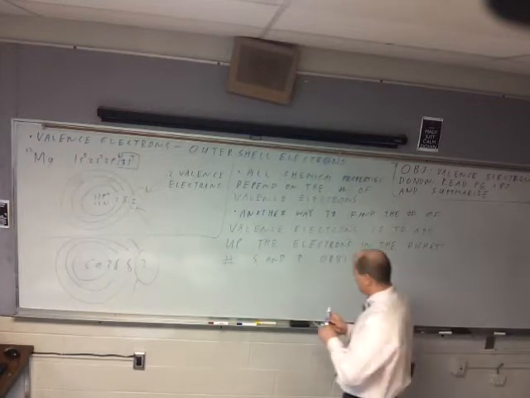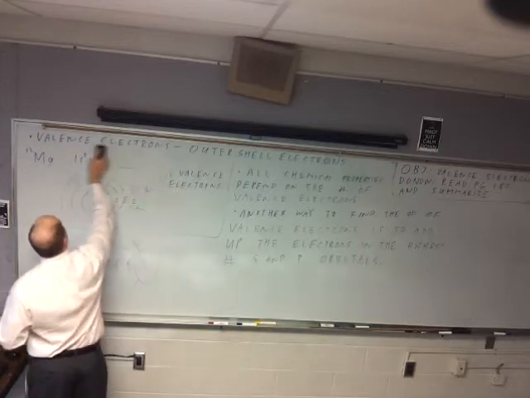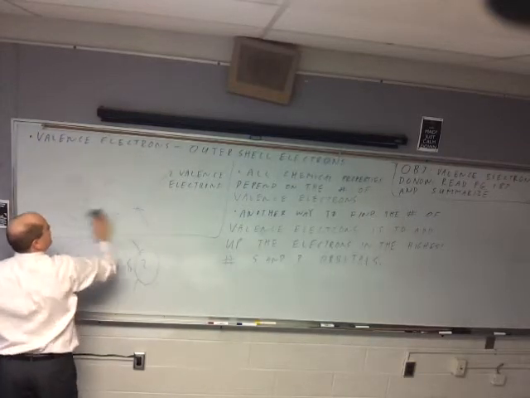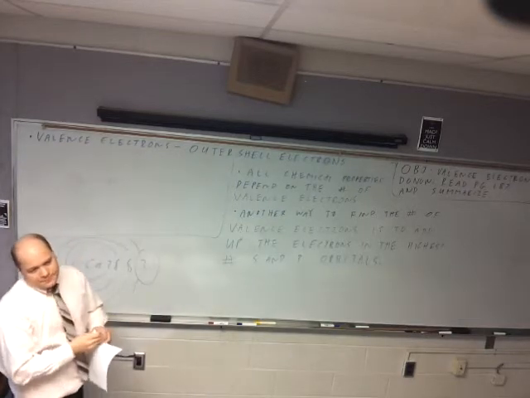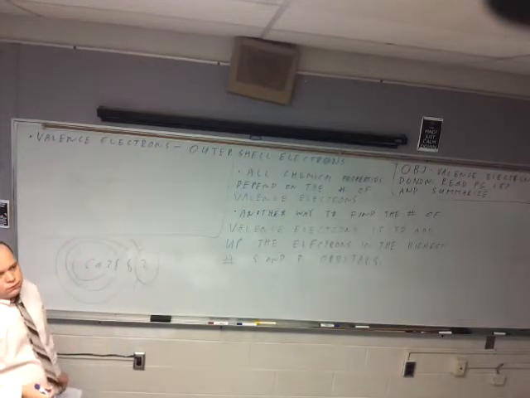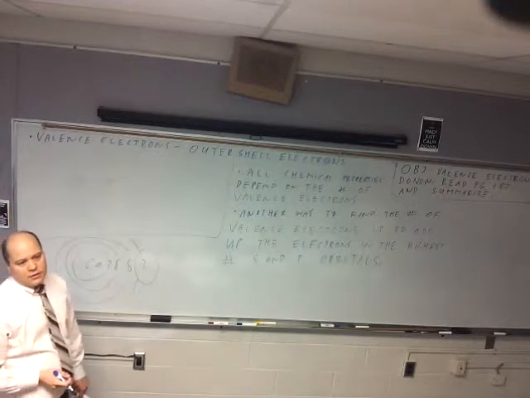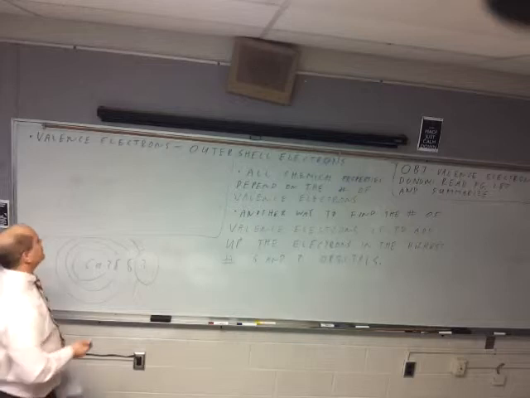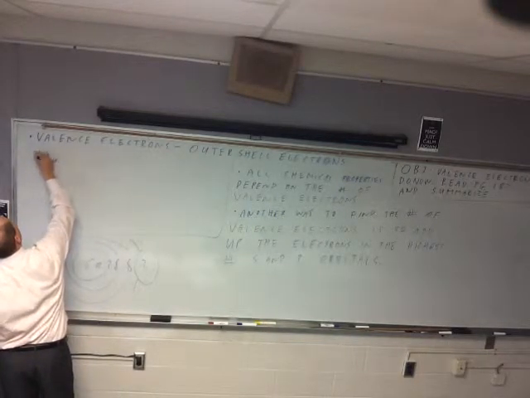All right, so let's do an example of that. I guess I'll erase here. Let's do gold. So gold is atomic number 79.